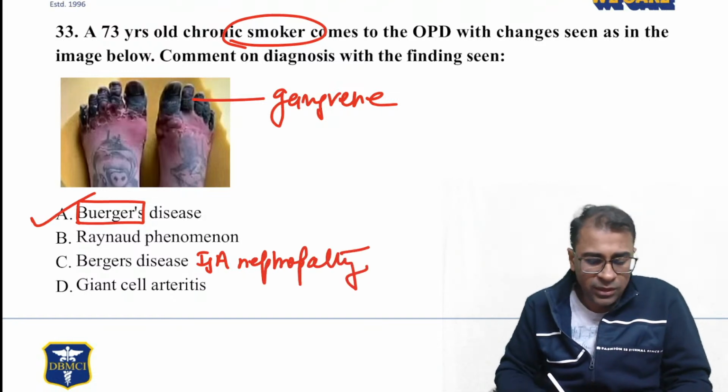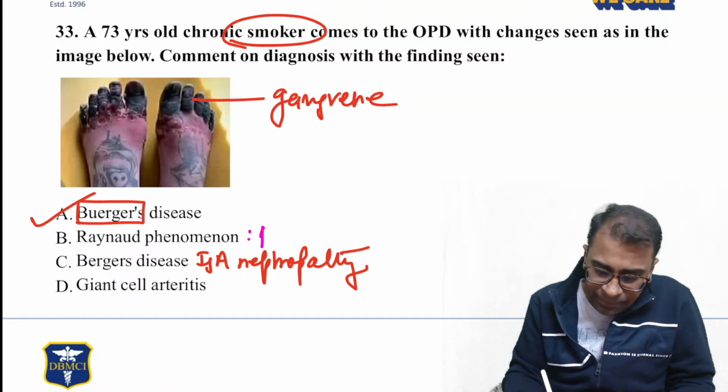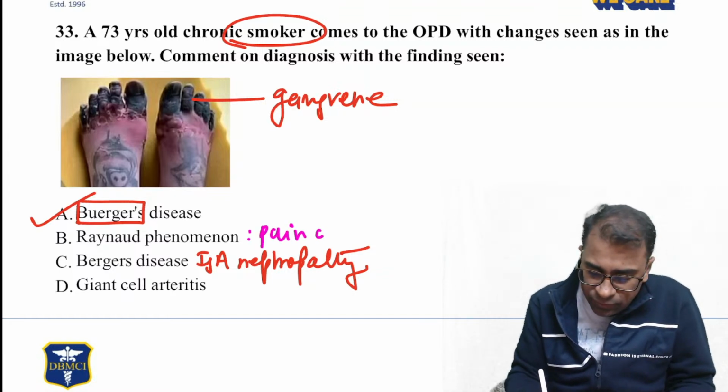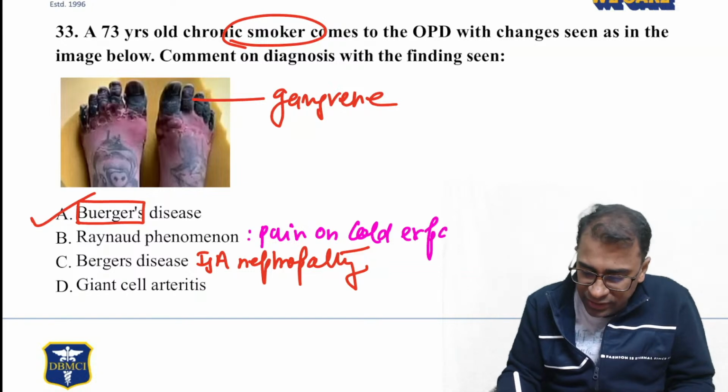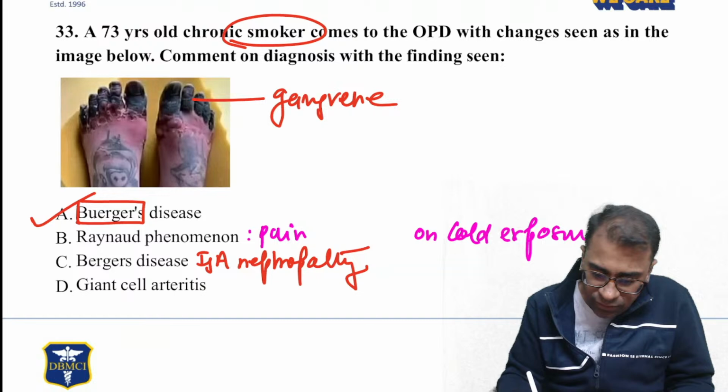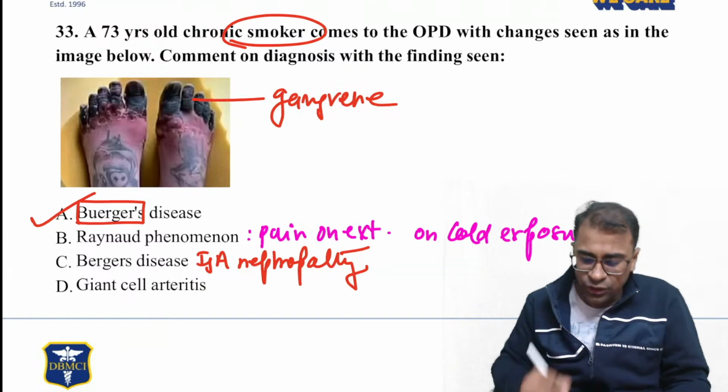Okay, in Raynaud's क्या होगा? It's a pain on cold exposure. Where is the pain? Okay, it's pain on the extremities on cold exposure. ठीक है.